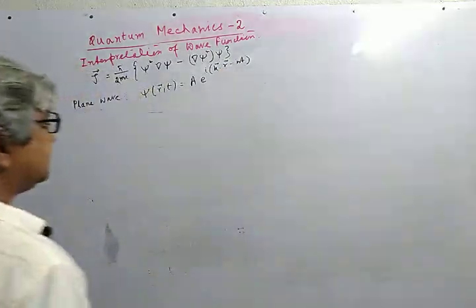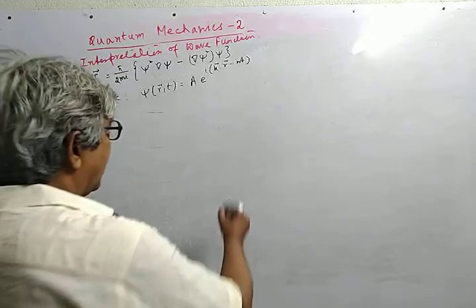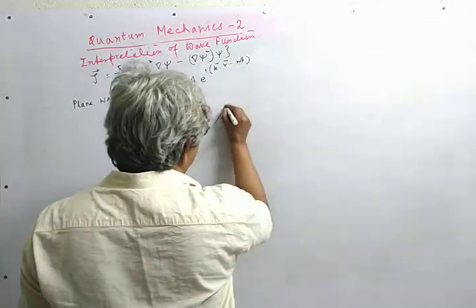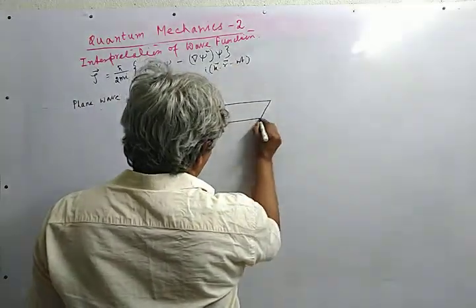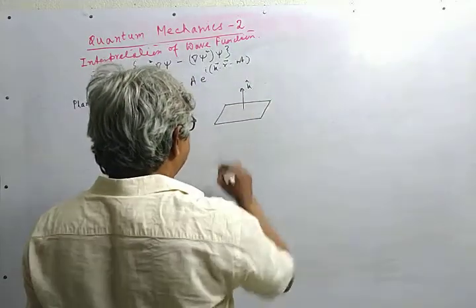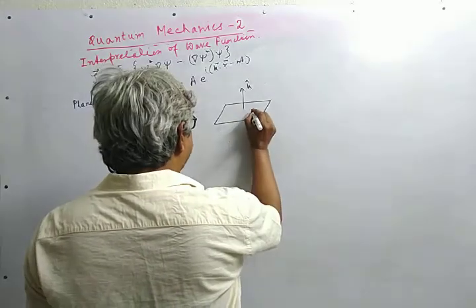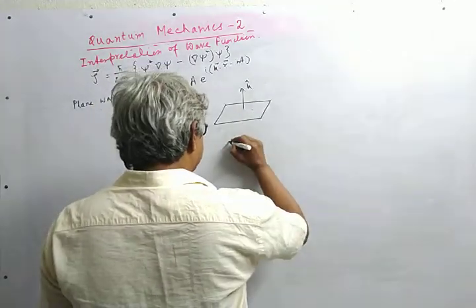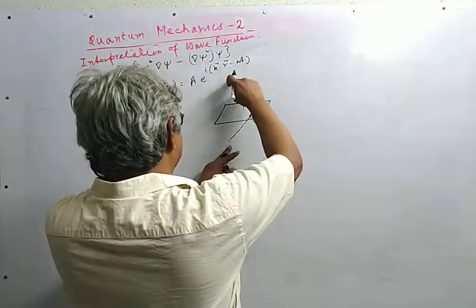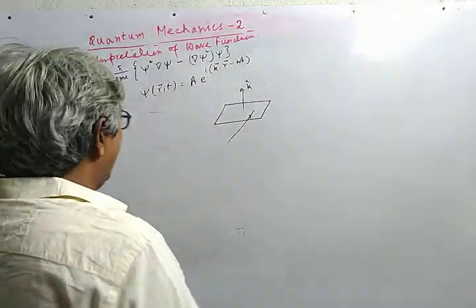A plane wave is defined as a wave, the wave front of which is a plane. That is, if we have a plane whose normal is given by the k vector or k cap vector, then if we consider any point on this plane, the position vector of any point on this plane has the same projection in this direction. So this is the definition of a plane wave.